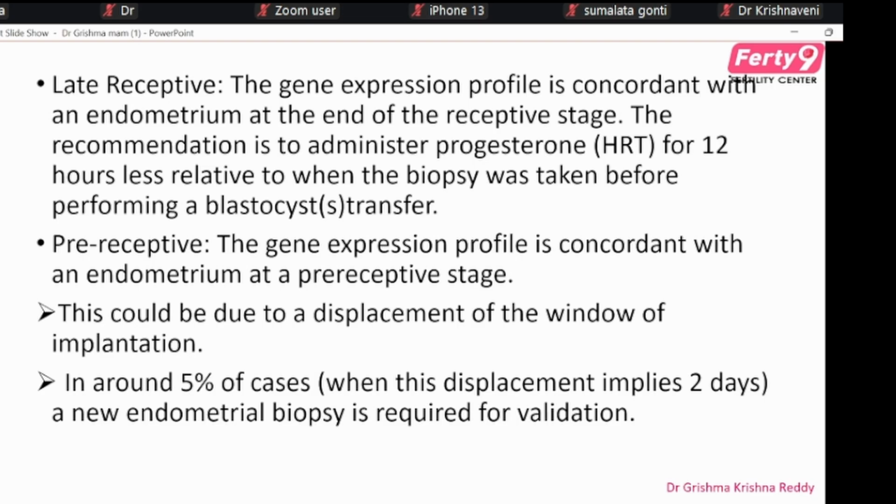Pre-receptive means the gene expression profile is concordant with the endometrium at a pre-receptive stage. This could be due to displacement of the implantation window. In around 5% of cases, if it comes as pre-receptive or late receptive, you can perform a repeat biopsy 12 hours before or 12 hours after, to confirm that whatever we are doing is falling in the receptive phase.